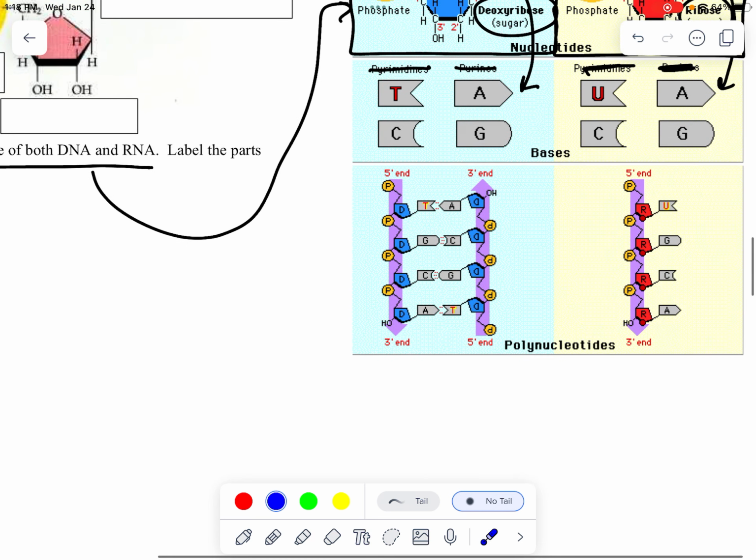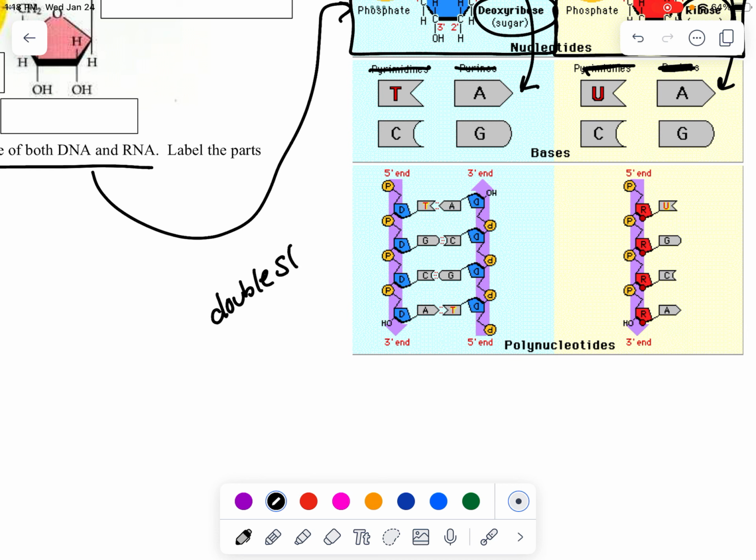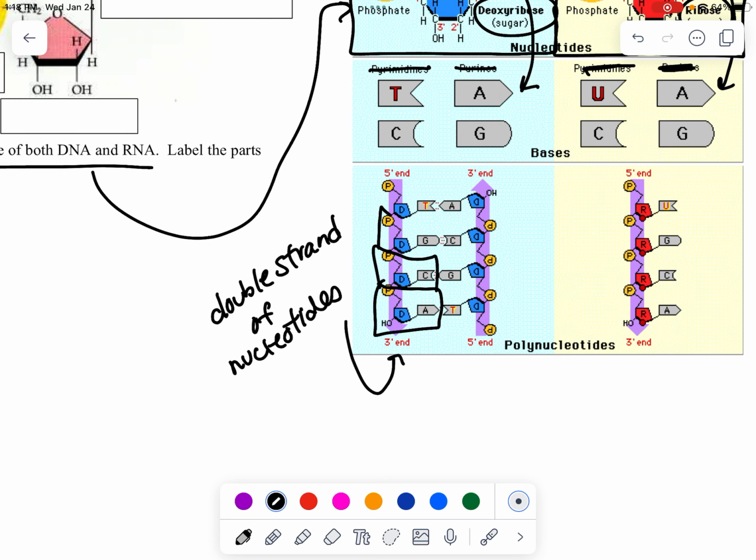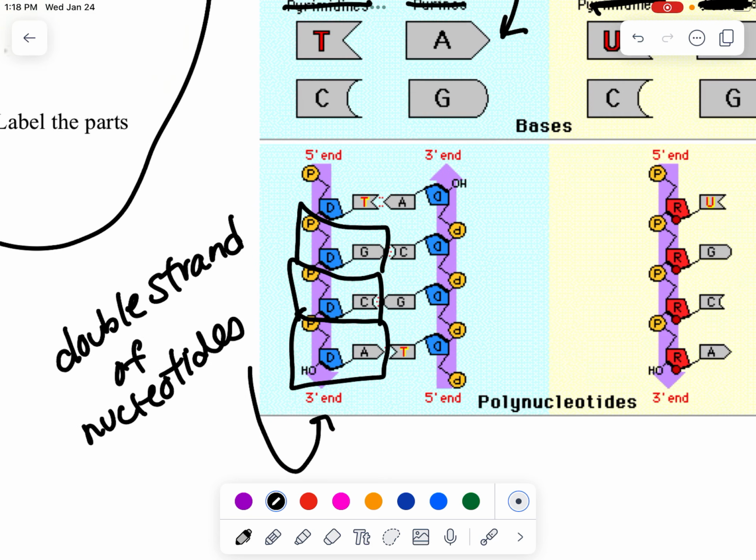So let's write down a couple of notes right here. DNA is a double strand of nucleotides. You can see this is a nucleotide here: sugar, phosphate, base; sugar, phosphate, base; sugar, phosphate, base. Let me make it a little bigger.